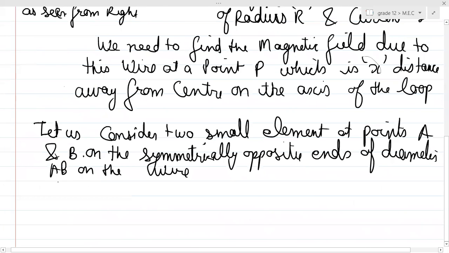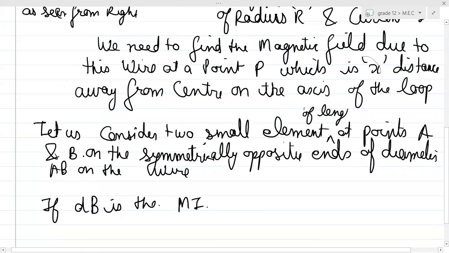So if dB is the magnetic induction, please remember when I consider these two small elements, I'll write here of length dl, so that at least the length will be defined.